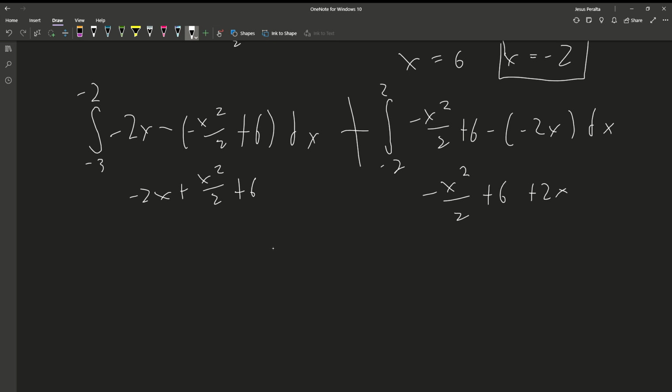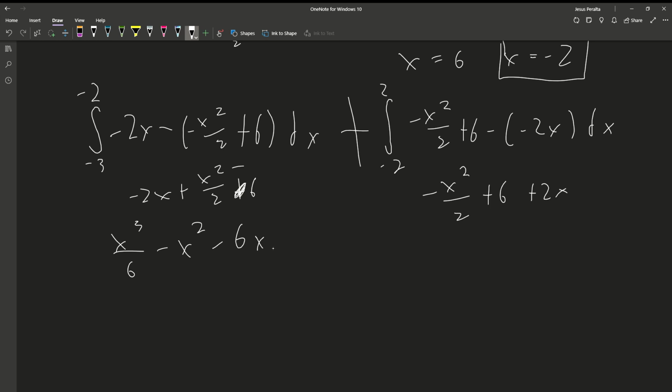So then the integral of x squared over 2 is just going to be x cubed over 6. Then it's going to be minus x squared minus, yes, minus, because I forgot, this right here should be a minus 6x.